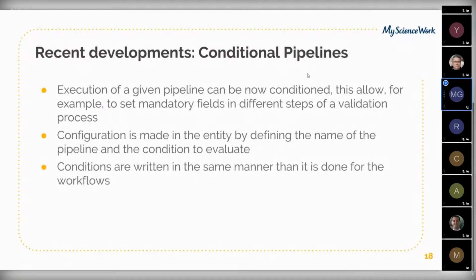They're not mandatory at the beginning, but some of them are going to be mandatory through the process. So what we did here is to define, based on some conditions, which pipeline is going to apply or not to the record. So you could have a pipeline for mandatory fields of step 2 and another pipeline for mandatory fields of step 3. And then you say, if step equals 2, then you apply this pipeline, and if step equals 3, you apply this other pipeline.